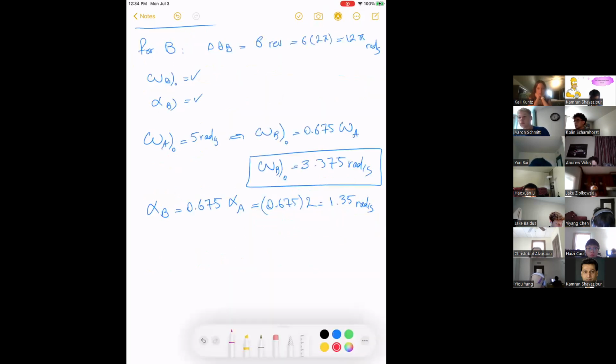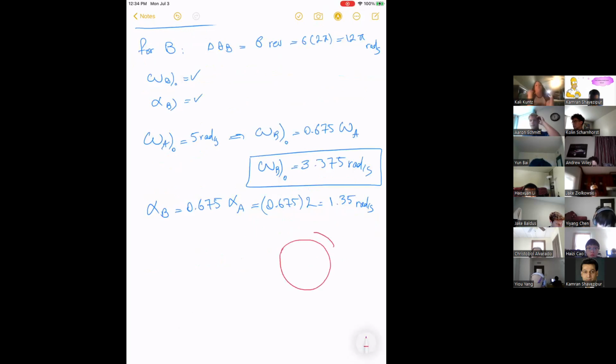So now let's look at B again. Let's say this is the pulley B. It has a delta theta of 12 pi. It has omega 0 of 3.375, and it has alpha of 1.35, right?